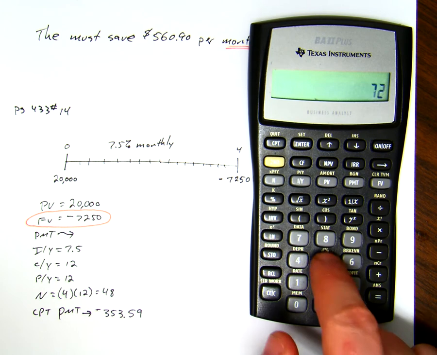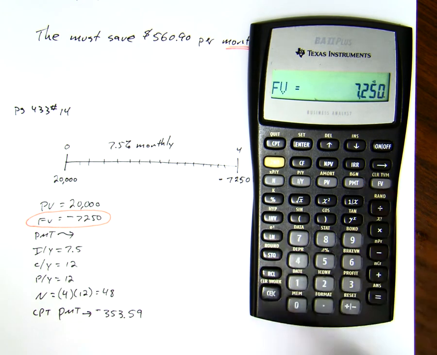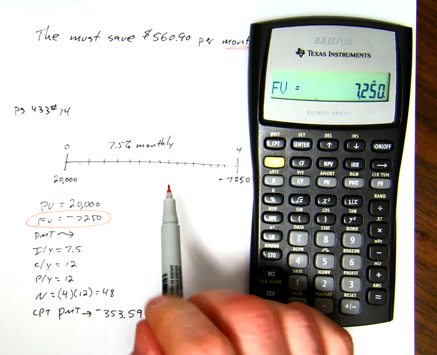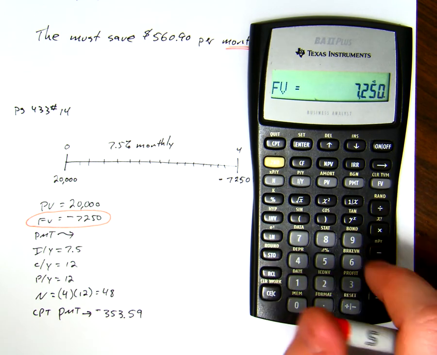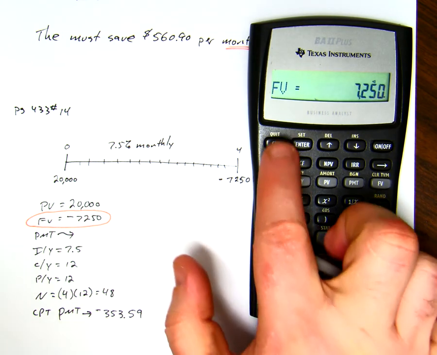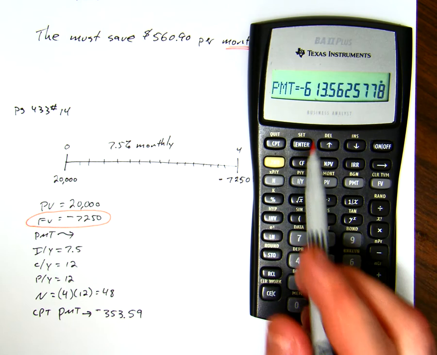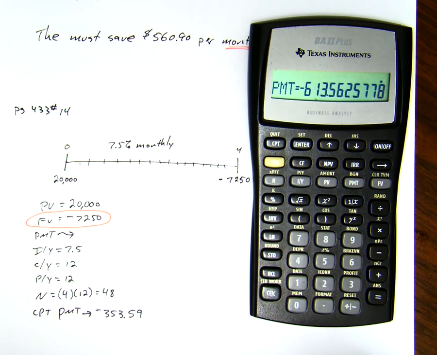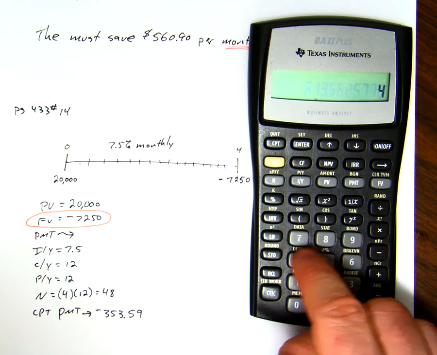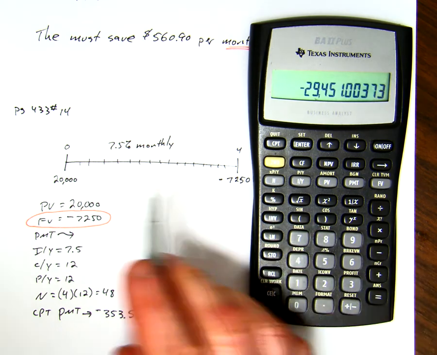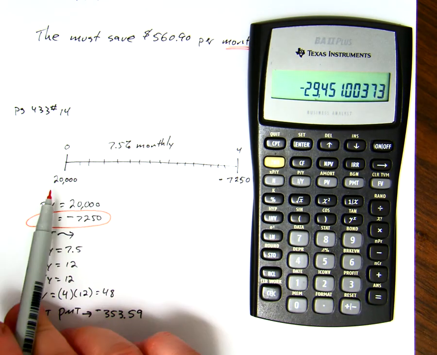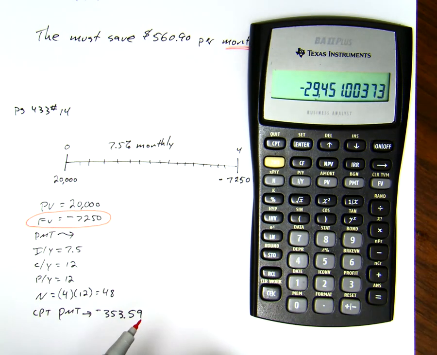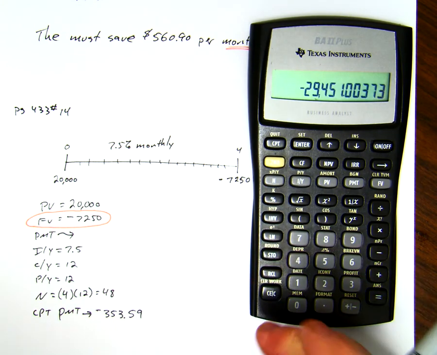If we made the $72.50 positive, which you might do in this problem because it will actually let you do it, and now we compute the payment, it's going to be $613. And if we multiply that by 48, it's going to say $30,000. So that's a huge amount of difference. So this one's probably wrong.